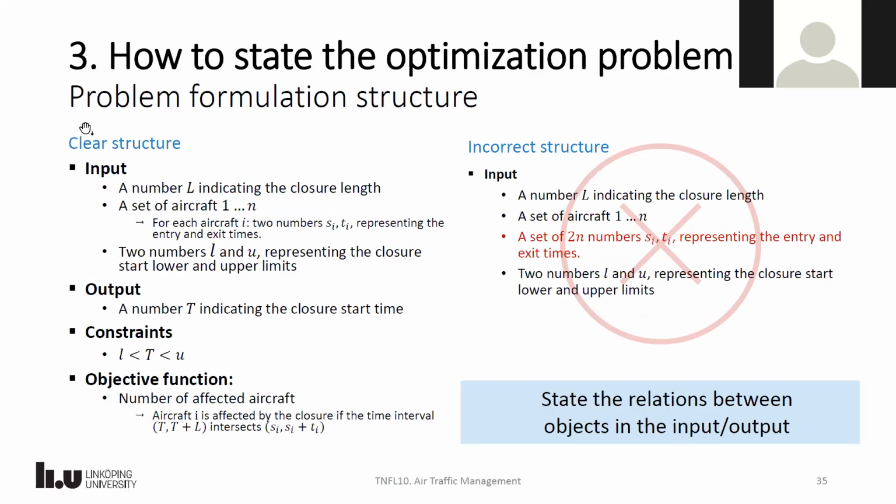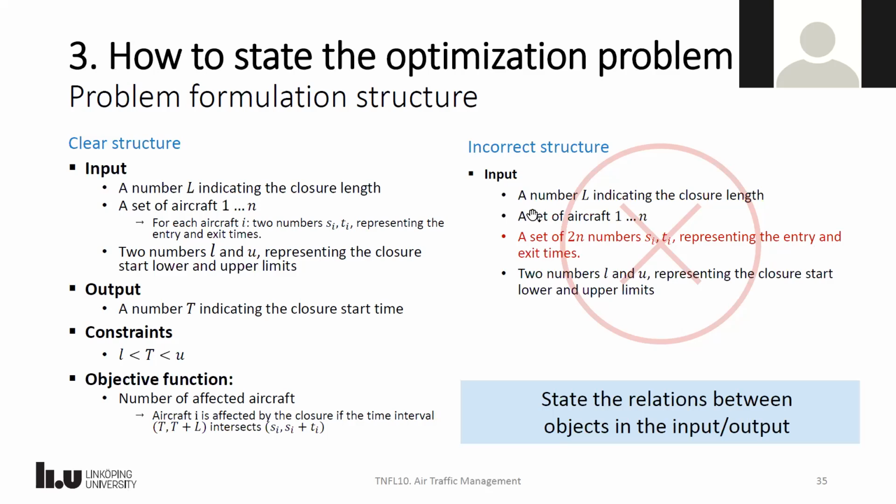Also, an important thing is to have a nice structure. So for example, in here, we have a set of aircraft, and for each aircraft, we have a given number. So please structure your objects in a way that makes sense. For example, in here, our inputs can be set all at the same level: a set of aircraft, that's 1 to n, and another set of 2n numbers, which are S_i and T_i, representing blah, blah, blah.